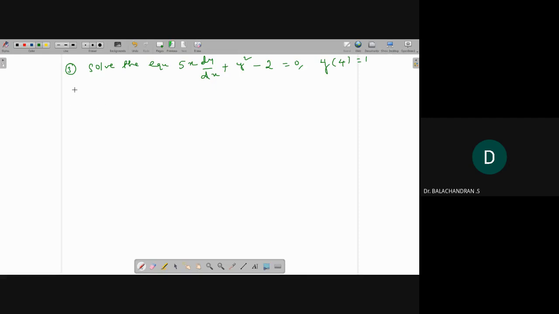Find y of 4.1 and y of 4.2. We are taking h equal to 0.1, using Euler's method and improved Euler's method.